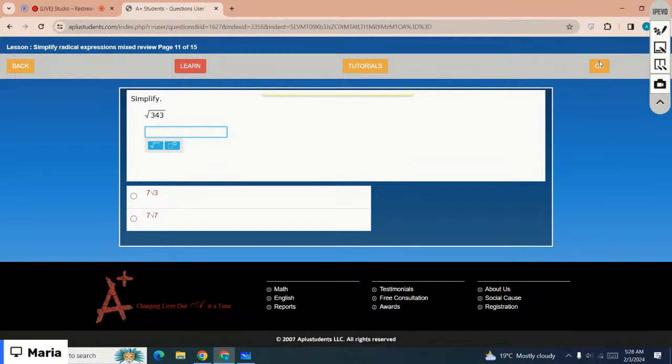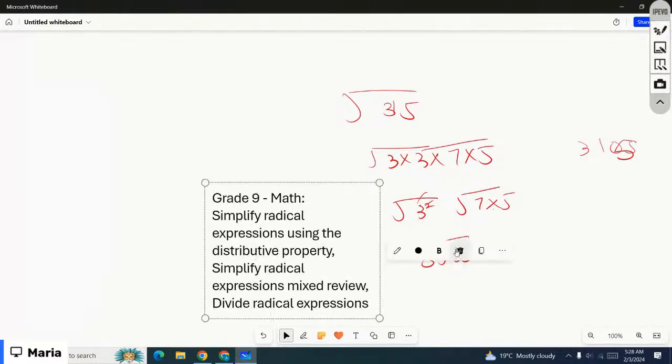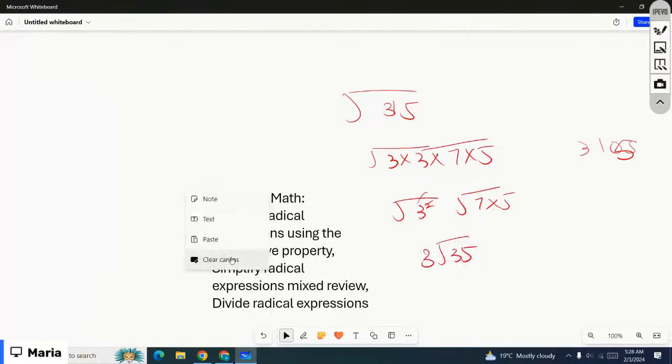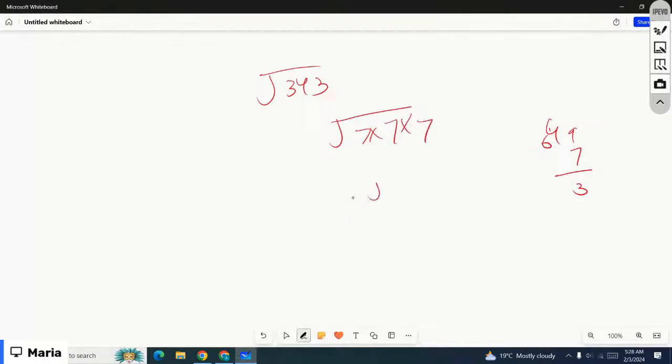Because you can factor 343. Hold on. You have 343, right? 7 times 7 is 49, and 49 times 7 is 343. So that is 7 times 7 times 7. So you can write 7 squared times square root 7, and yes, that is 7 square root 7, right?